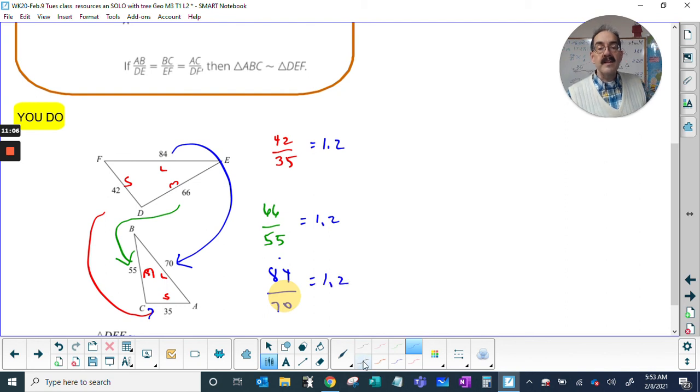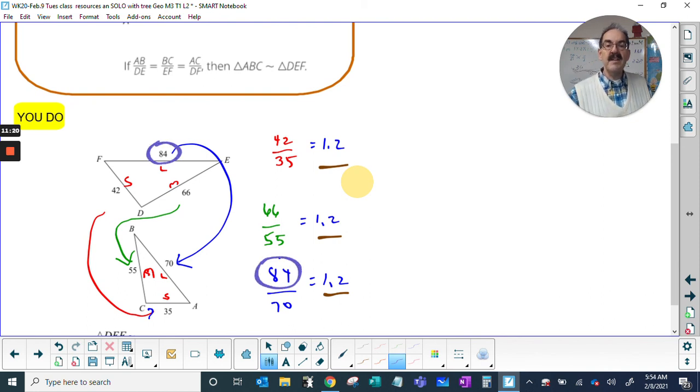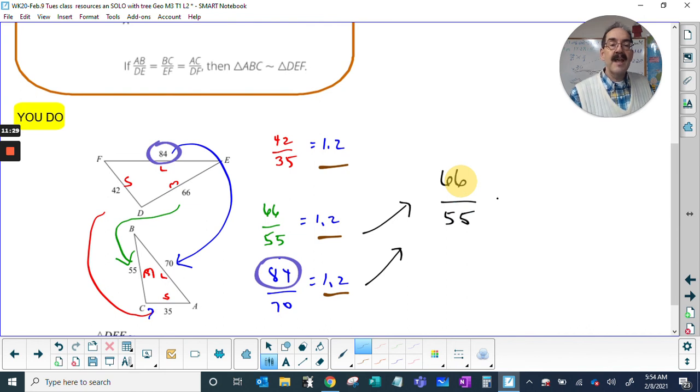Now, the key to this is the proportion, because if I was missing a side, then I just set up the proportion. So let's, for fun, say I was missing the 84. Well, then I can just take these two equations. 66 becomes 55 as the missing side becomes 70.